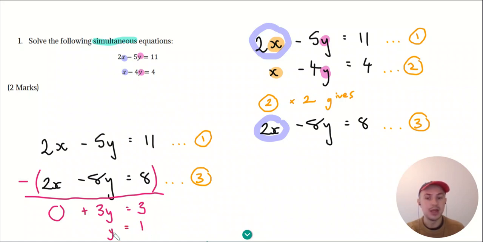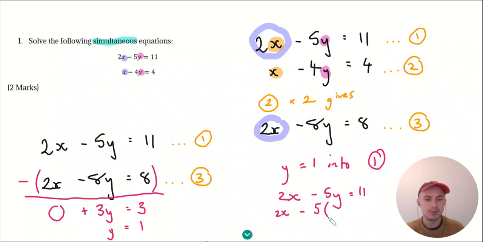Cool. Now we're going to substitute this in to one of our equations. Y equals 1 into, let's say, equation 1. The way I like to do my substitutions is I will write out the equation, and then wherever I see a y, I'll put a 1 in brackets. 2x minus 5 brackets 1 equals 11. 5 times 1, 2x minus 5 equals 11.